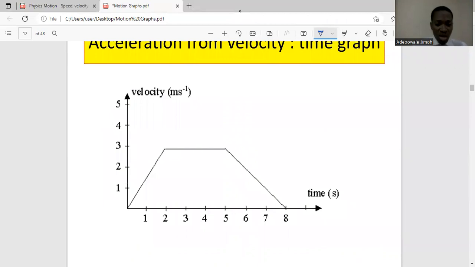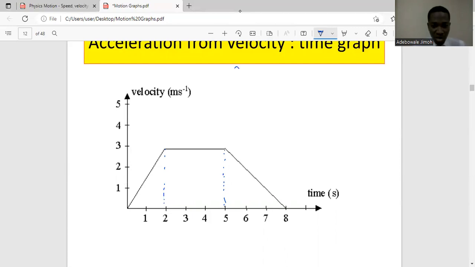Let's assume you were asked to calculate the acceleration within the first 2 seconds of his journey. Also, you were asked to calculate the deceleration within the last 4 seconds of his journey. How do you calculate acceleration?